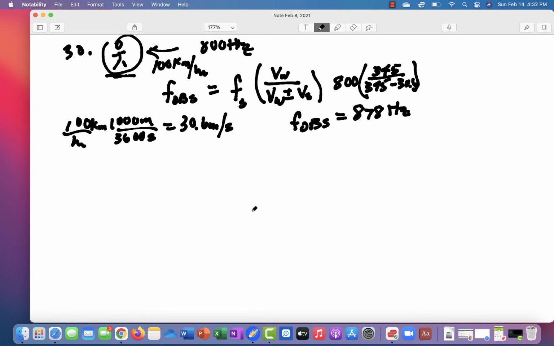And that's the Doppler effect. Now, part B basically states that once the ambulance passes the person, they're now moving away.